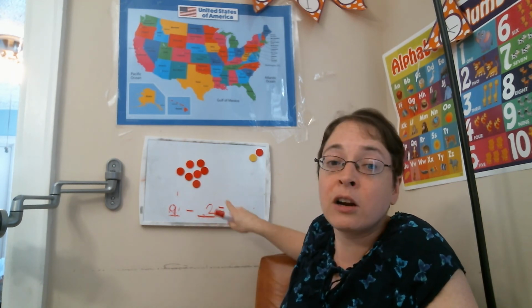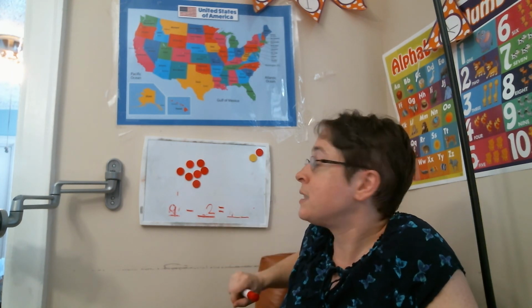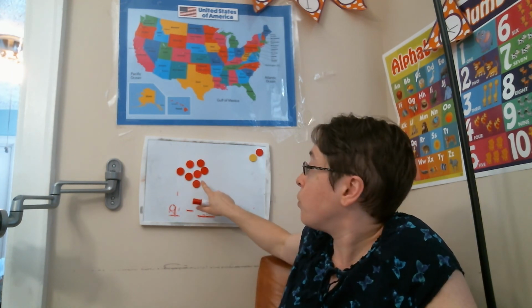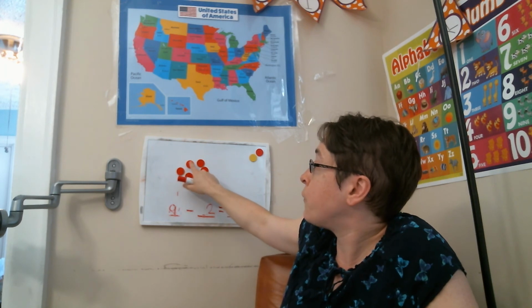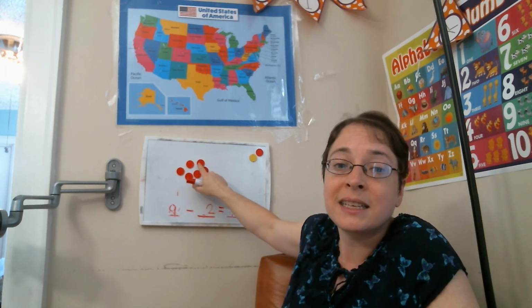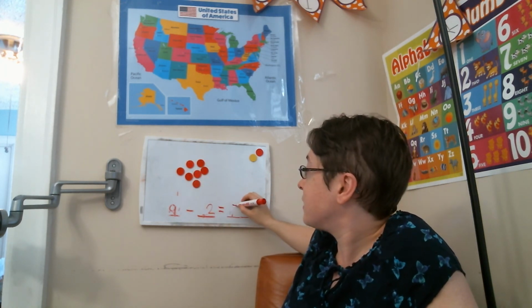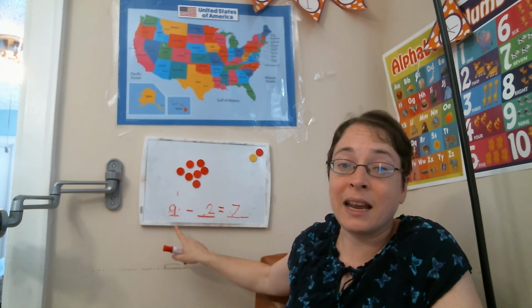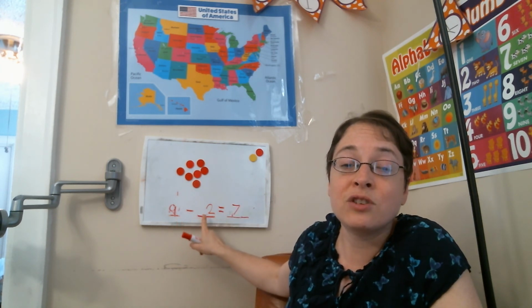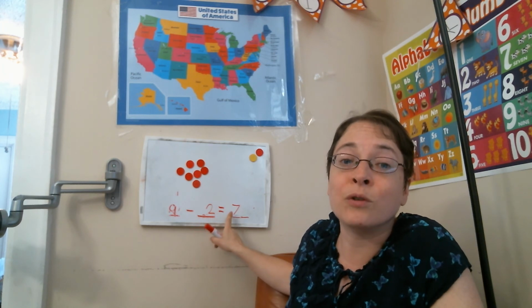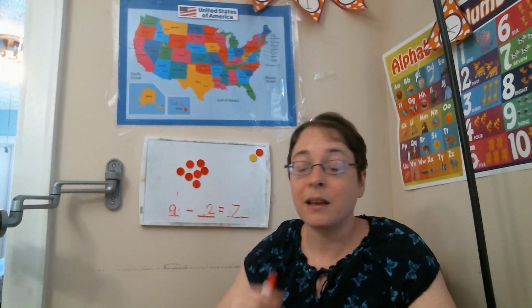How many are left? What does this equal? 1, 2, 3, 4, 5, 6, 7. So 9 take away 2 equals 7.